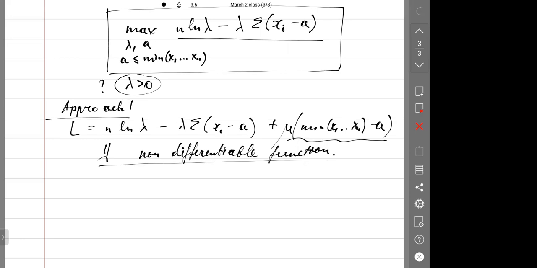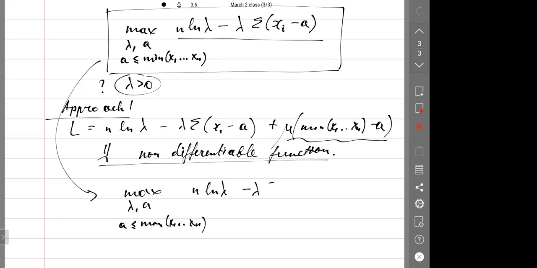So if I transform my function once again, I need to maximize with respect to lambda, with a less than the minimum of x1, ..., xn, the expression n ln lambda minus lambda sum of x_i plus n lambda a. And I perfectly see that my function grows linearly with a. The bigger is a, the bigger is my function.